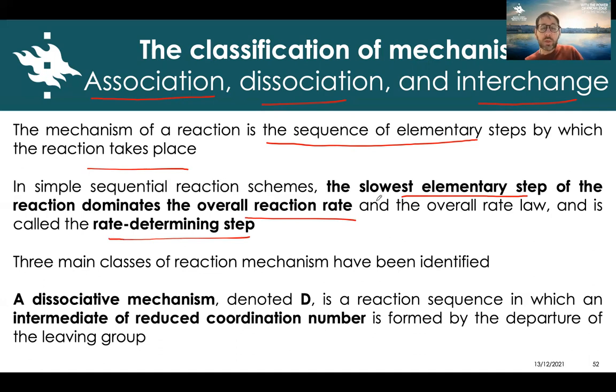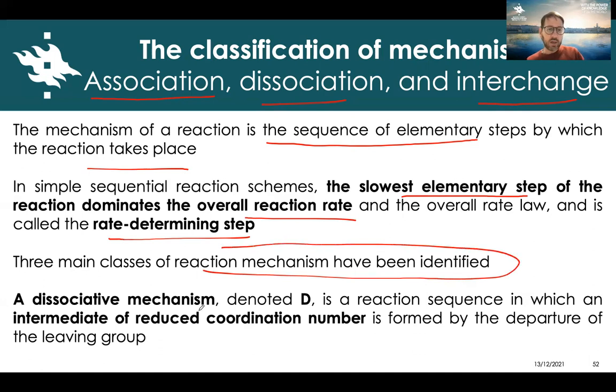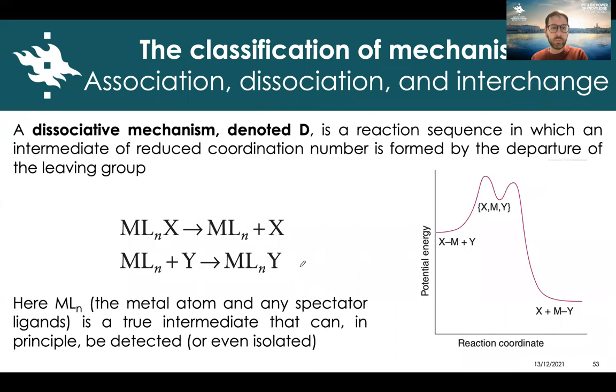So when we are talking about coordination compounds, three classes of mechanisms have been identified: dissociative mechanism, associative mechanism, and interchange mechanism. The dissociative mechanism, denoted as D, is a reaction sequence in which an intermediate of reduced coordination number is formed by the departure of the leaving group.